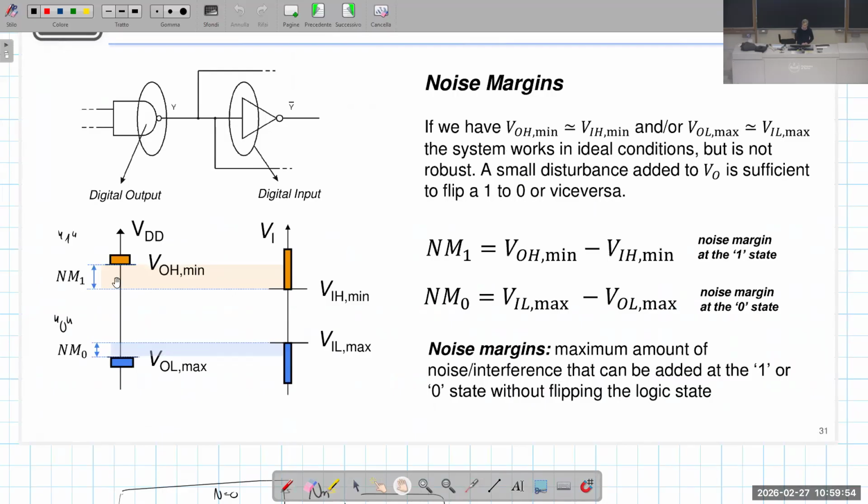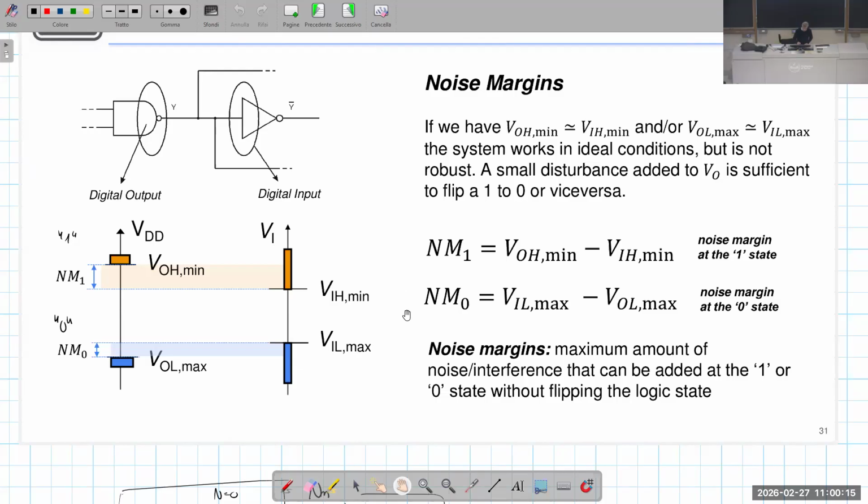So the larger, the better. Okay? The larger these differences, the more robust, the more immune to noise this interconnection is. Is that clear? Comments, questions?